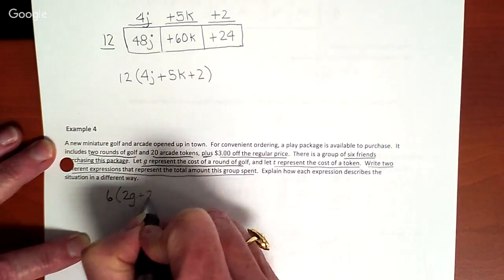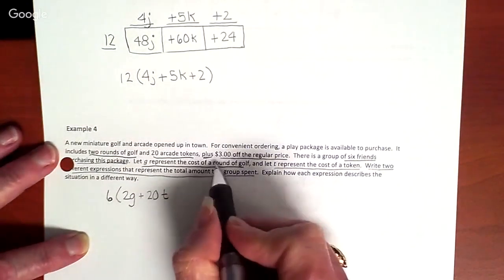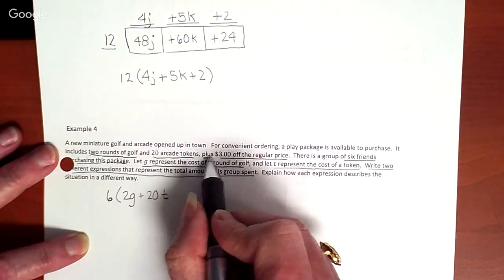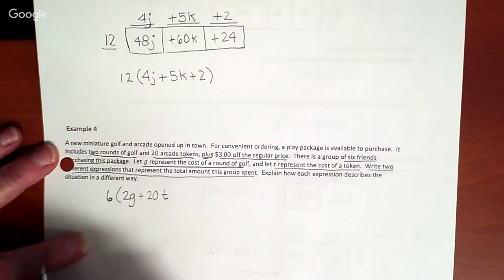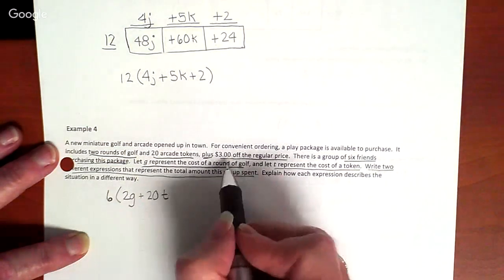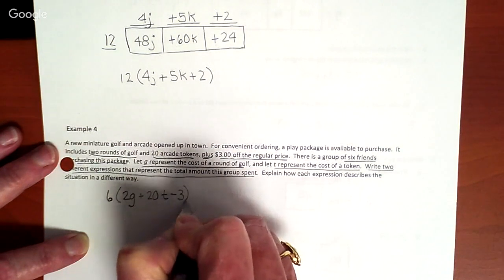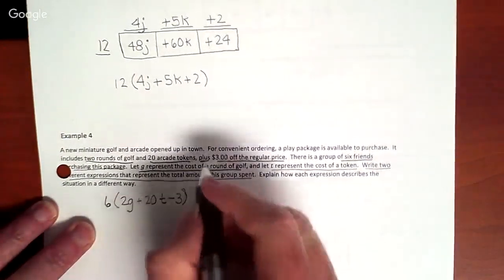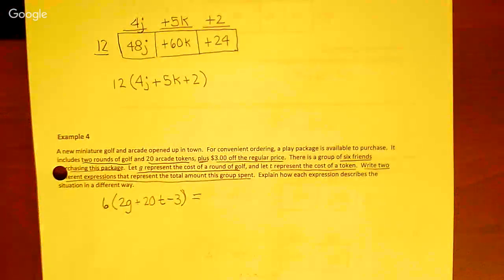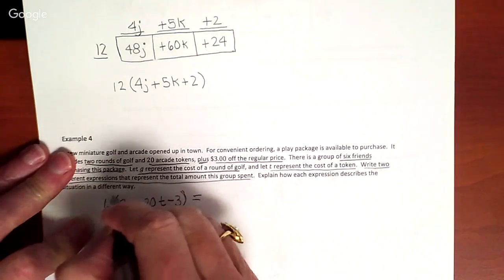So plus 20 tokens that cost T amount plus $3 off the regular price. Well, that's a minus 3. I know it's plus $3 off, but it's $3 off, so that's minus $3 off the regular price. So it can be written this way, or, sorry guys, it can be written this way.